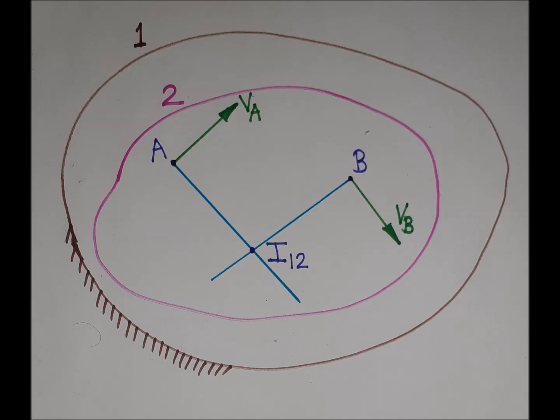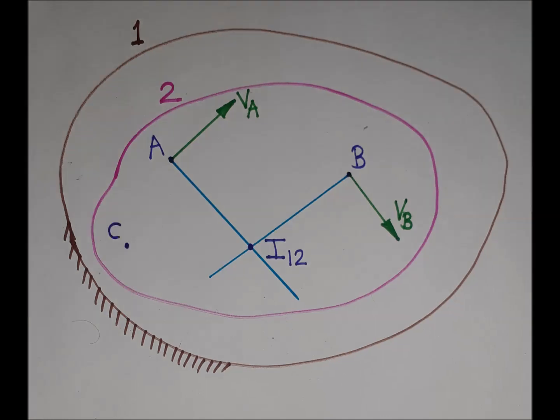Then we will pay attention to the direction of VA and VB. If point A and point B move in the directions shown by VA and VB respectively, then planar body 2 will rotate about ICR I12 in clockwise direction.